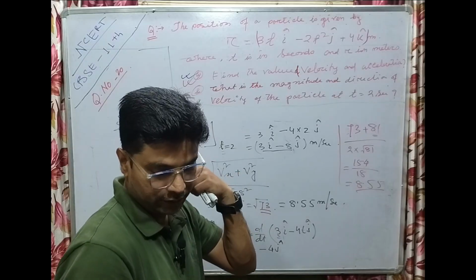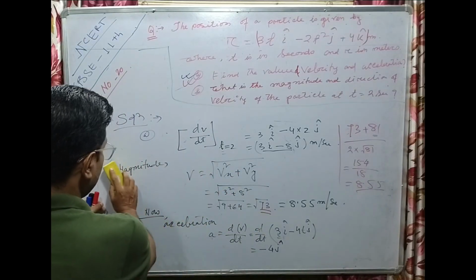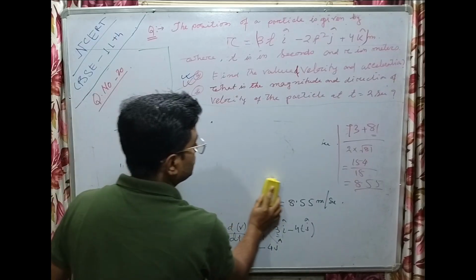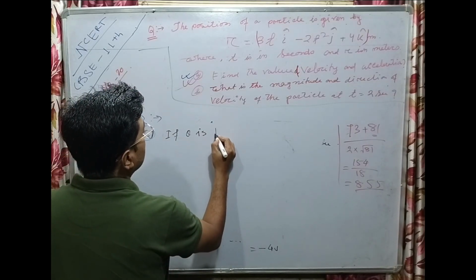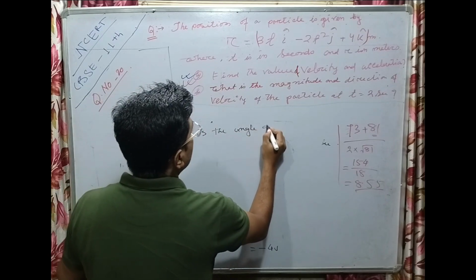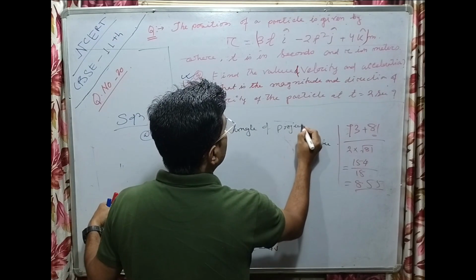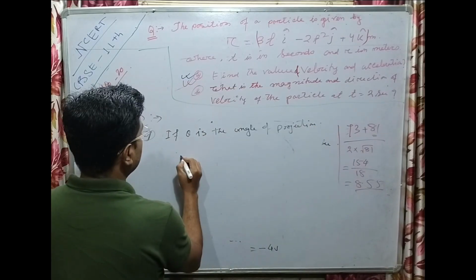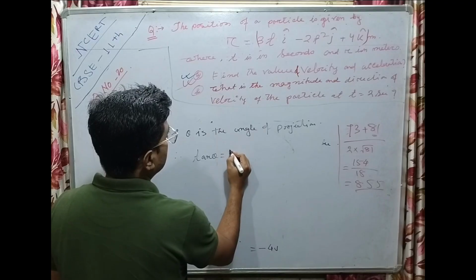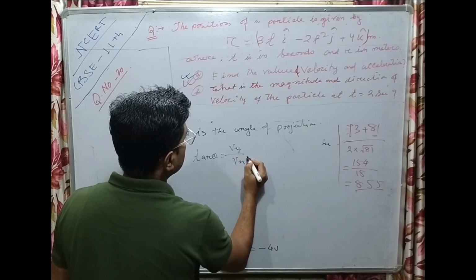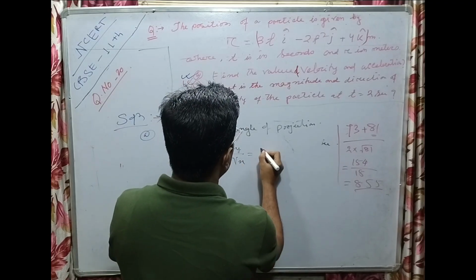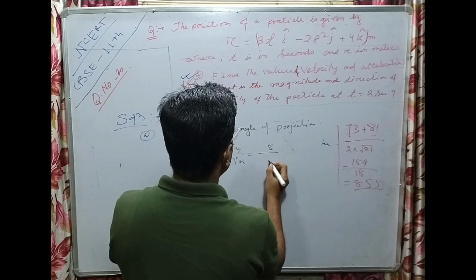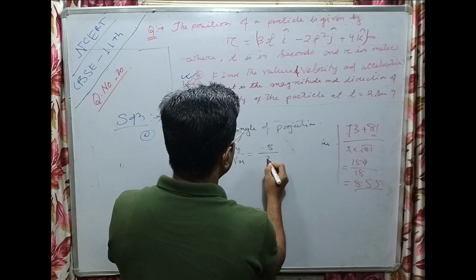To calculate the direction, if theta is the angle, the angular projection, then tan theta is equal to Vy by Vx, where Vy is minus 8 and Vx is 3.